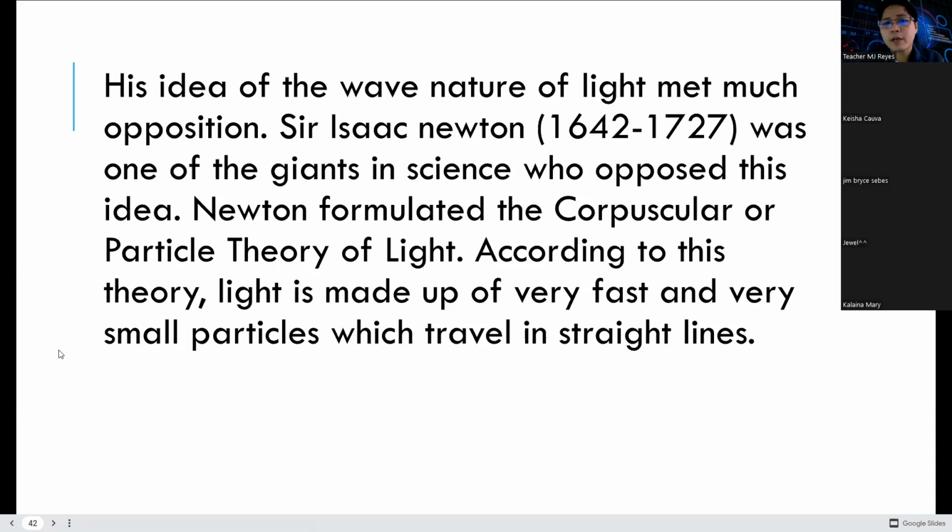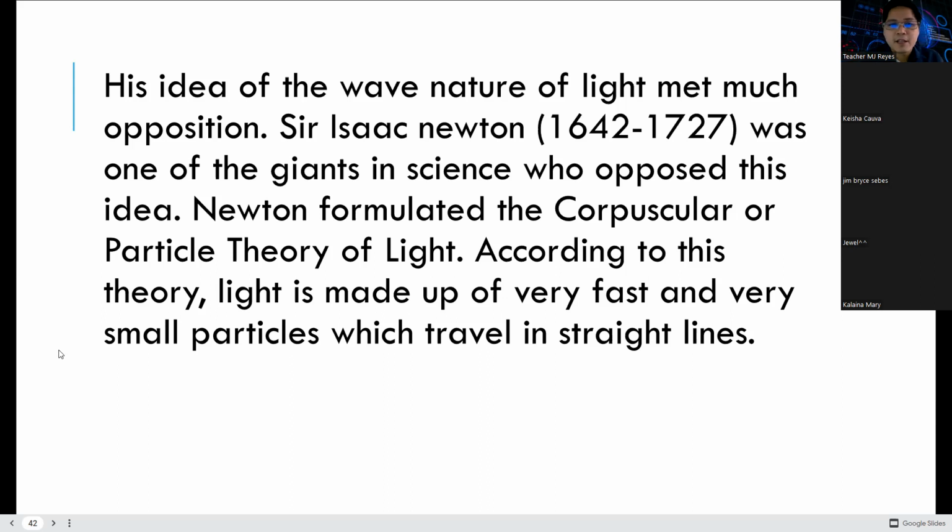His idea of the wave nature of light met opposition from Sir Isaac Newton, one of my favorite scientists, 1642 to 1727, one of the giants in science who opposed this idea. Newton formulated the corpuscular or particle theory of light.